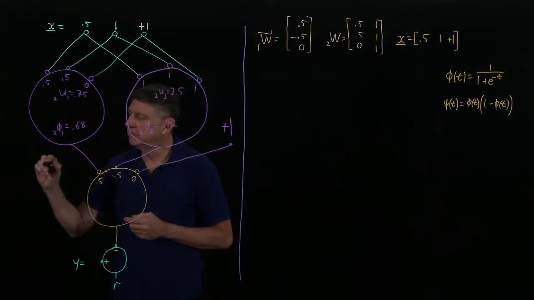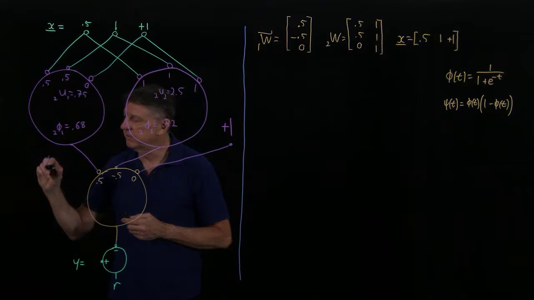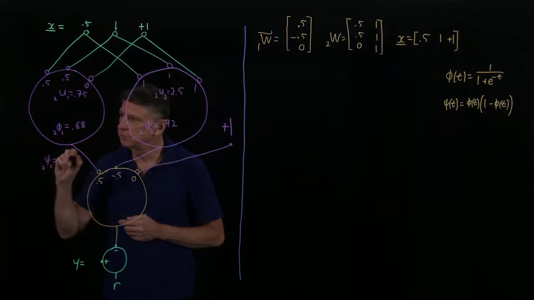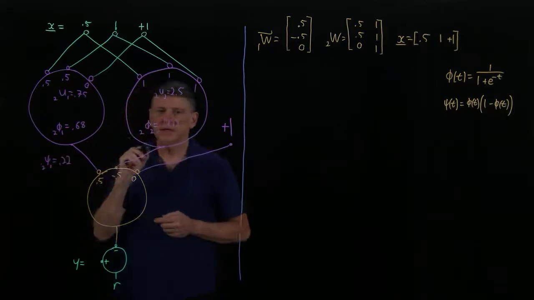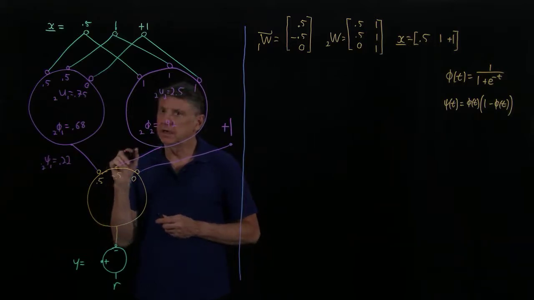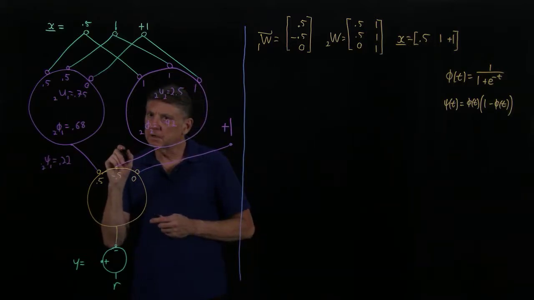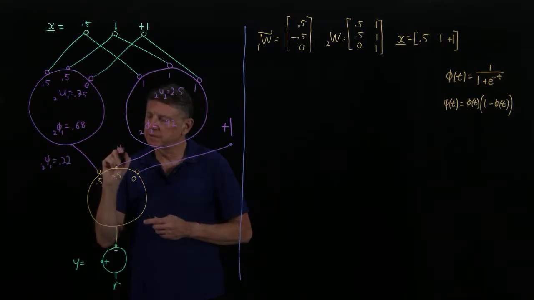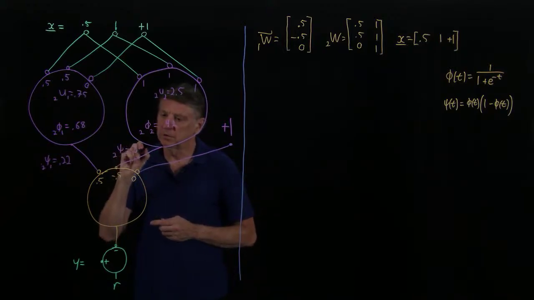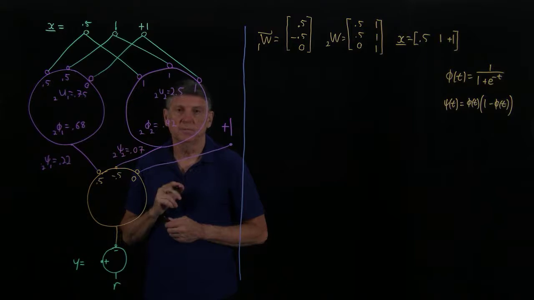That will be the derivative layer 2 neuron 1, and that term will be 0.22. The logistic function here will be the derivative layer 2 neuron 2, and that value will be 0.07. So it's quite small.